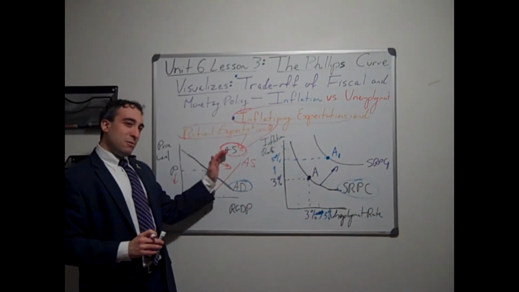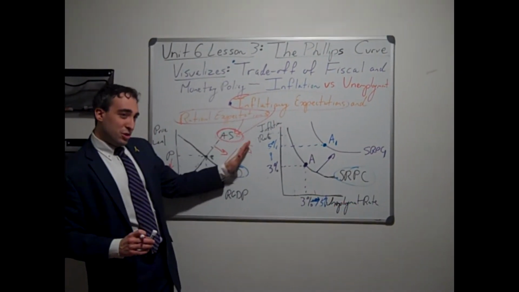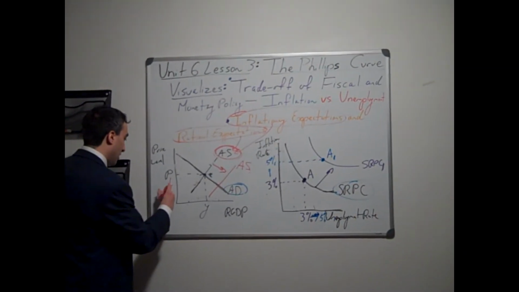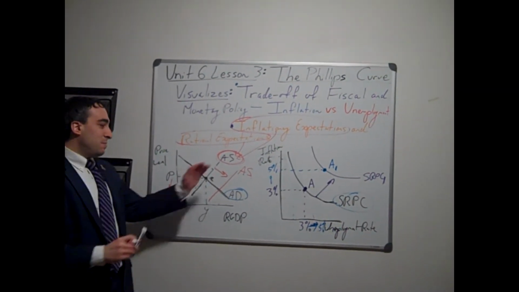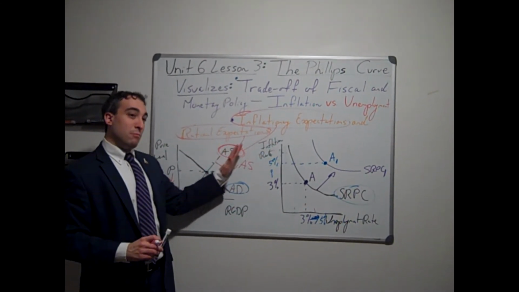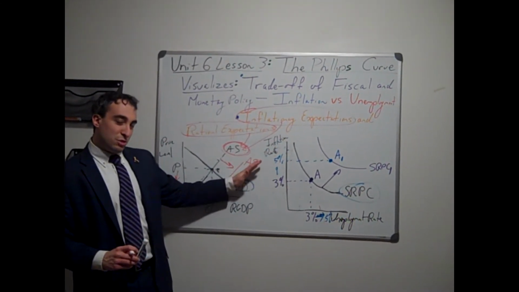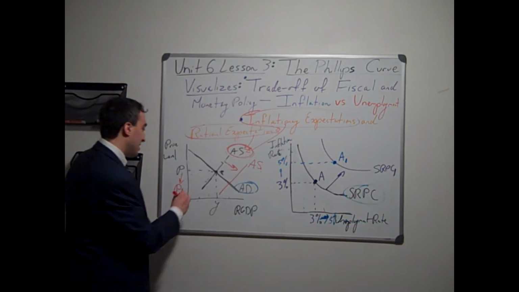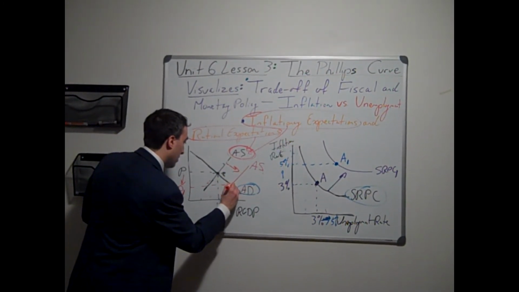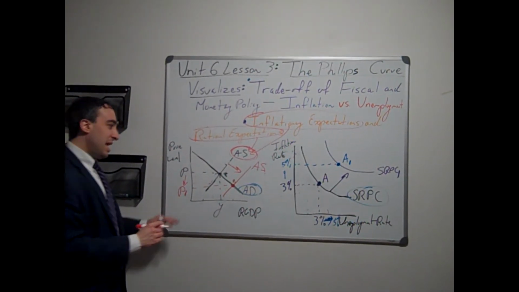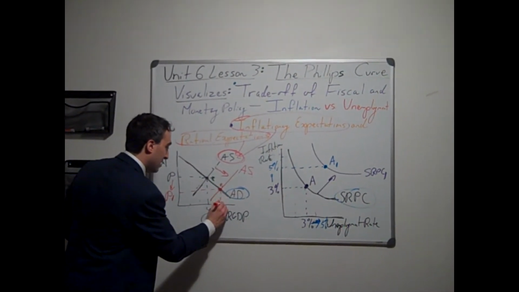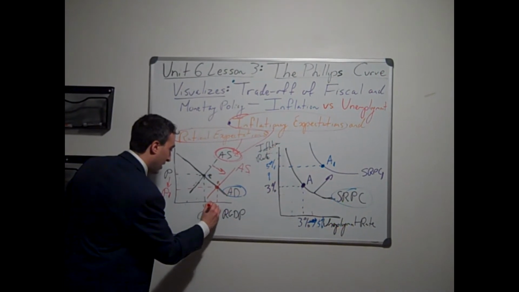So it is about increasing the ability and willingness to produce. And as businesses have an increased ability and willingness to produce, they can produce more for less. And so we see that prices come down and GDP increases.